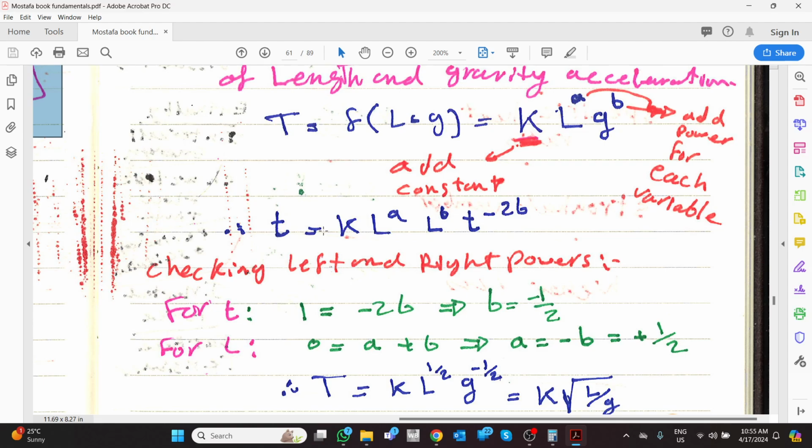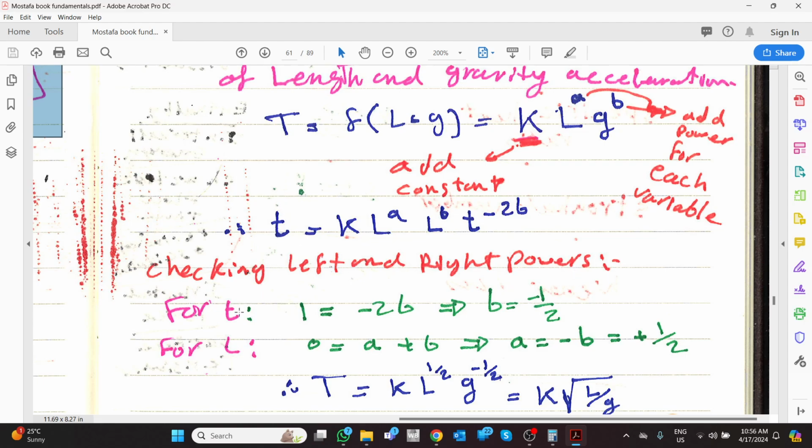We're going to do the same concept. We know that the time is t, small t. We know k is a constant. L is the length, still L. G is L over t to the power minus 2, with exponent B here. So we make the left hand side equal the right hand side.